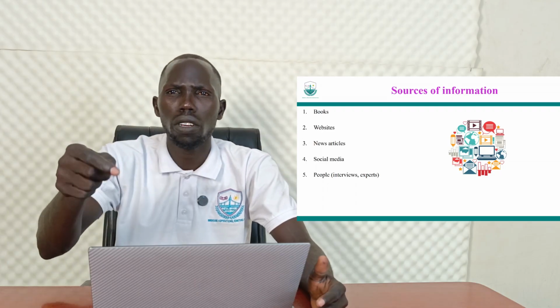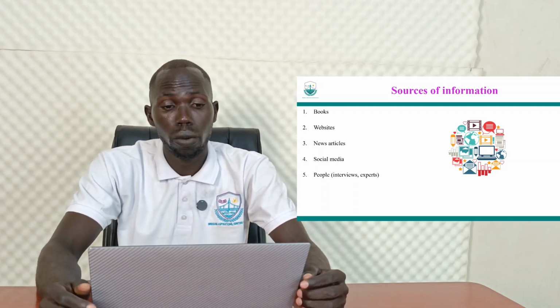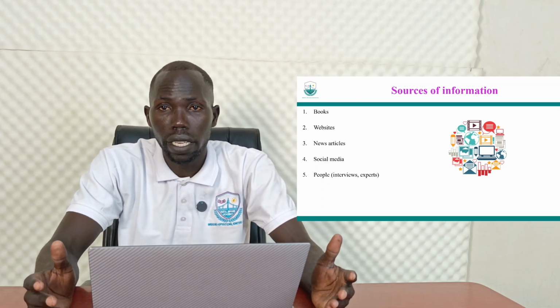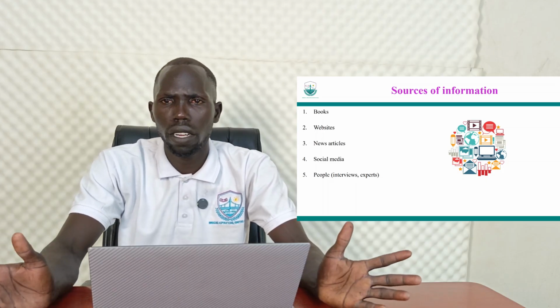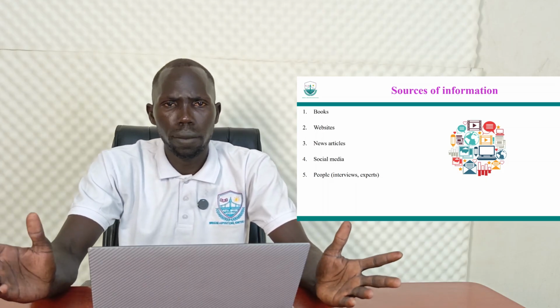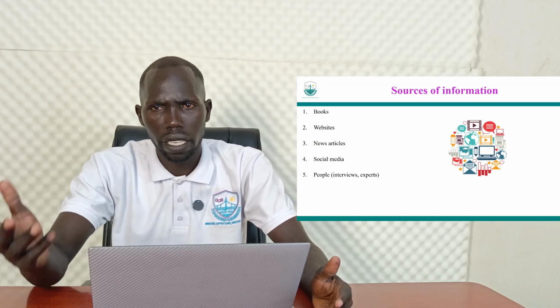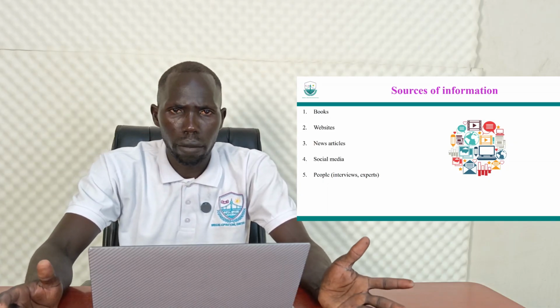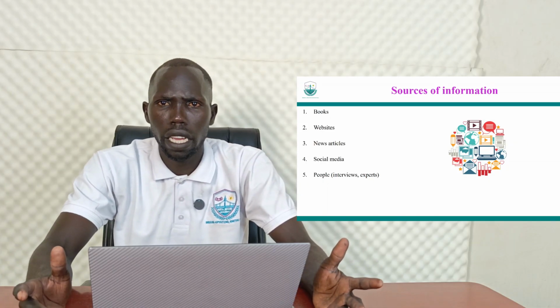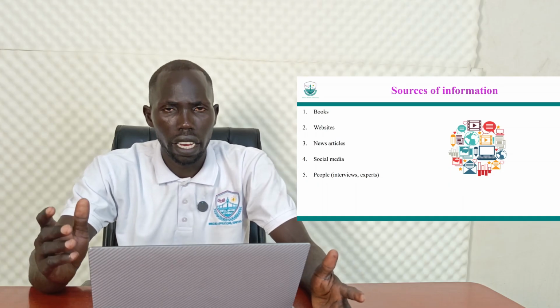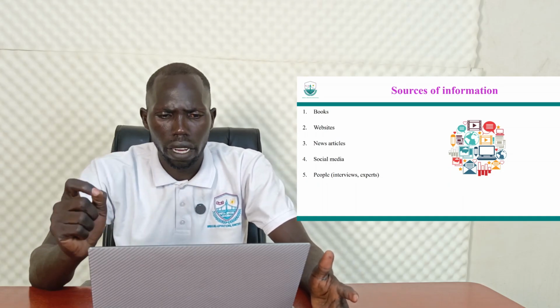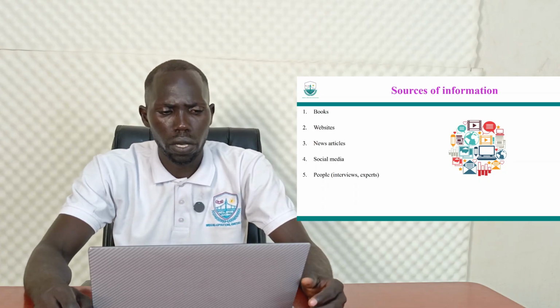There is a lot more hidden in such books. We also have other sources like websites, whether recipes on how to go about preparing certain dishes, or websites that are educational in nature. They still aid us in giving us information.